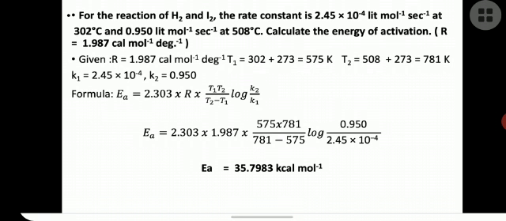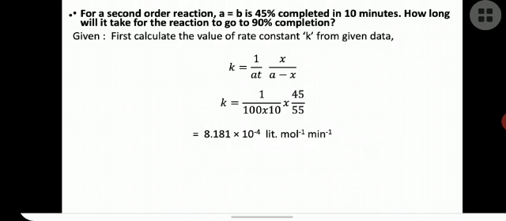K2 becomes 0.950 and K1 becomes 0.245 into 10 raised to minus 4. If we calculate this, then we get the value of energy of activation as 35.7983 in kilocalories per mole. Now again we want to see the next problem.